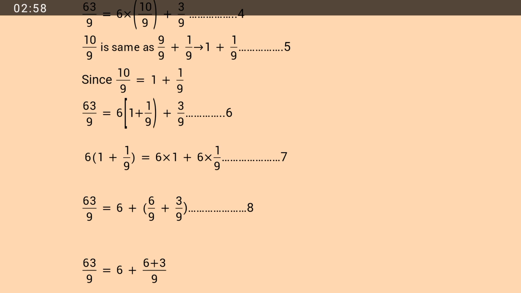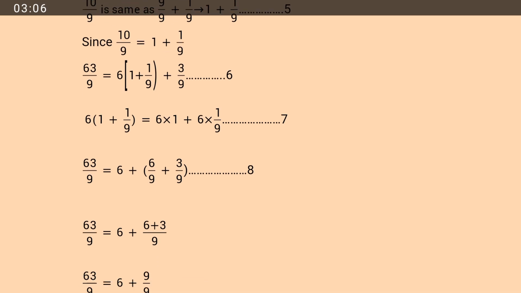And if that is done, 6 times 1 is 6, then 6 times 1 over 9 is 6 over 9. If you go further in equation 8, you will see that it becomes 6 plus 6 over 9 plus 3 over 9, open bracket 6 over 9 plus 3 over 9 close bracket.